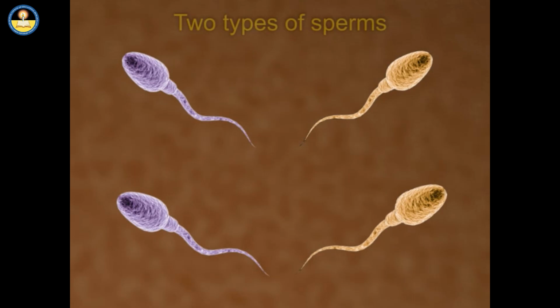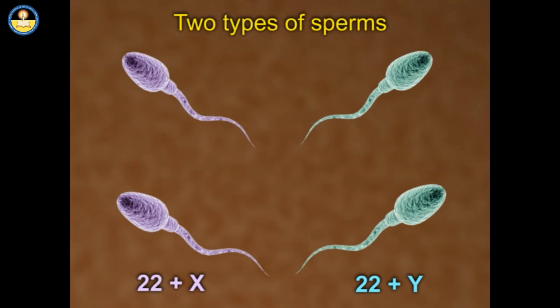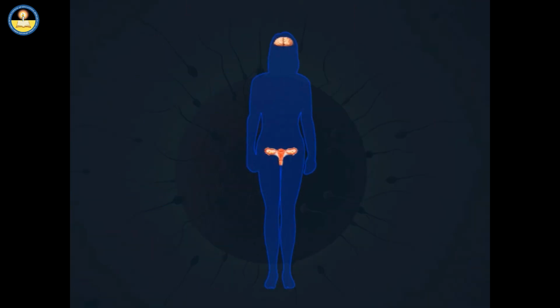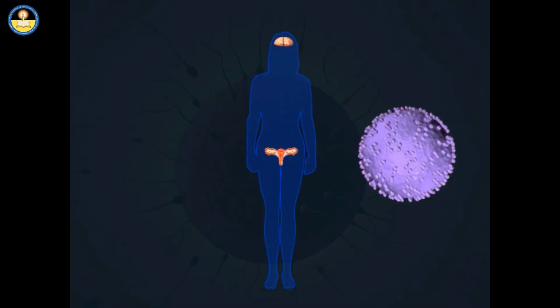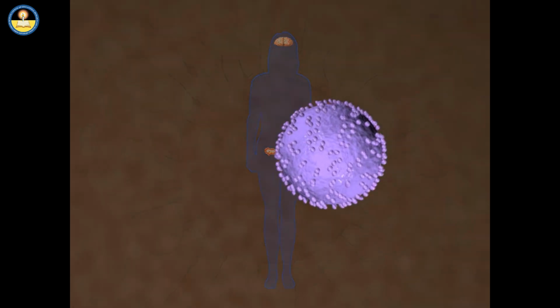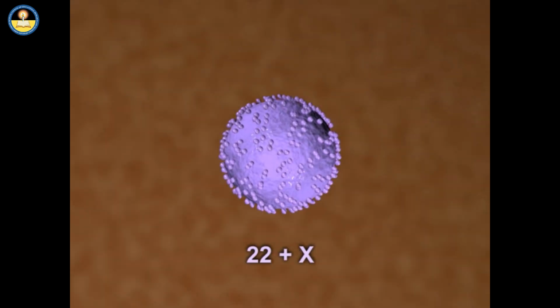That means half the sperms will have 22 plus X chromosome and the other half will have 22 plus Y chromosome. But in females, only one type of gamete is produced. All ova will have 22 plus X chromosome.